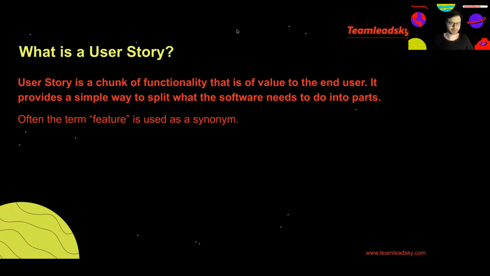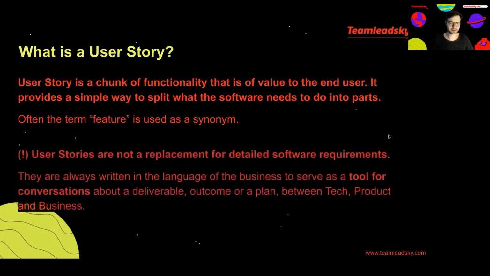What is important to mind is that user stories are not detailed software requirements and are not a replacement for software requirements. User stories are more like markers or titles of software features.